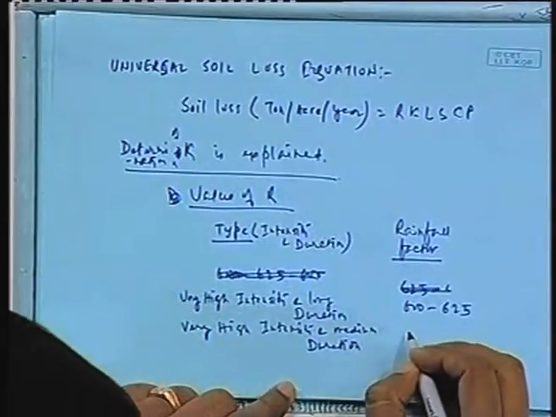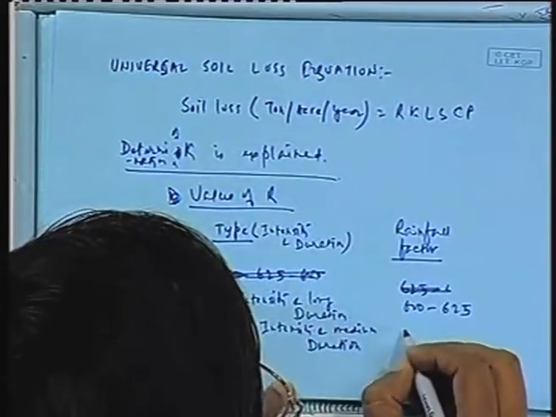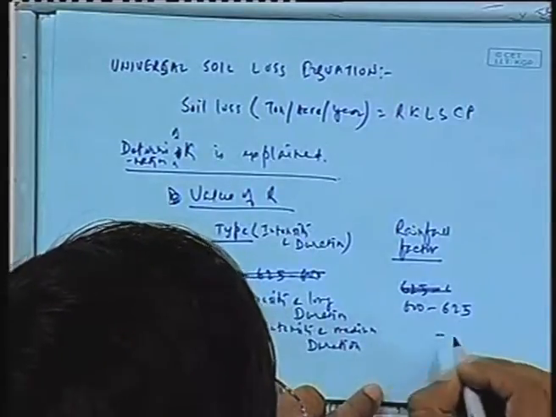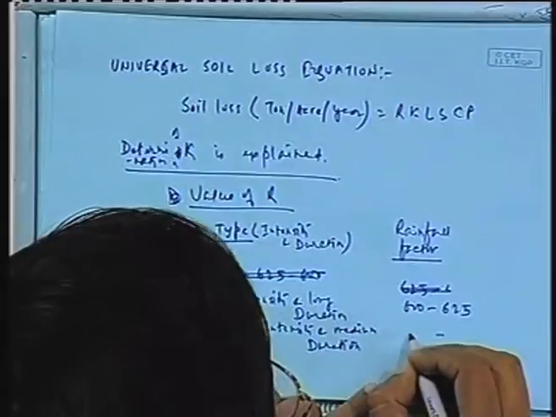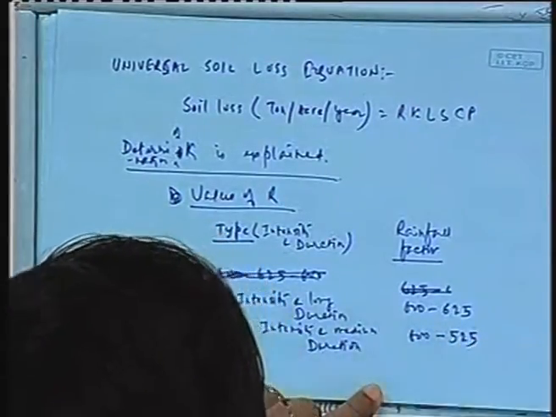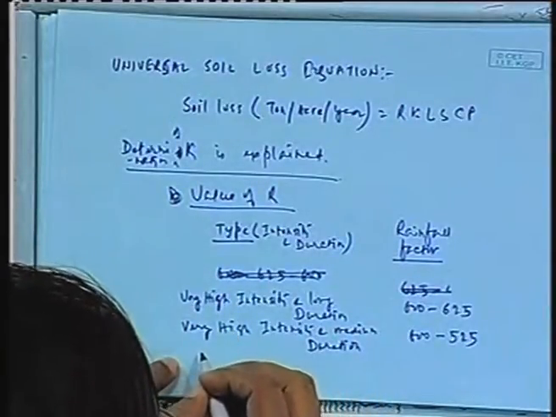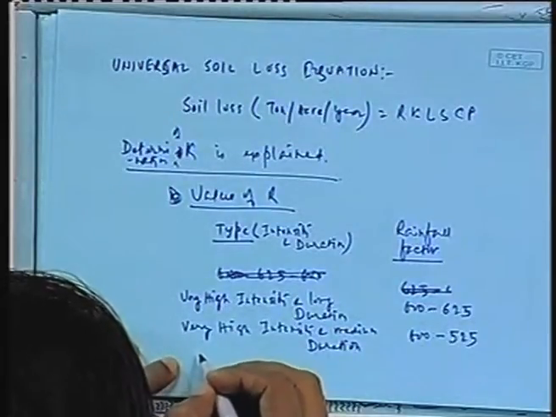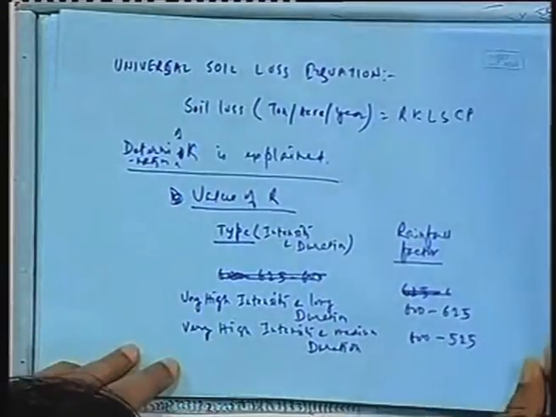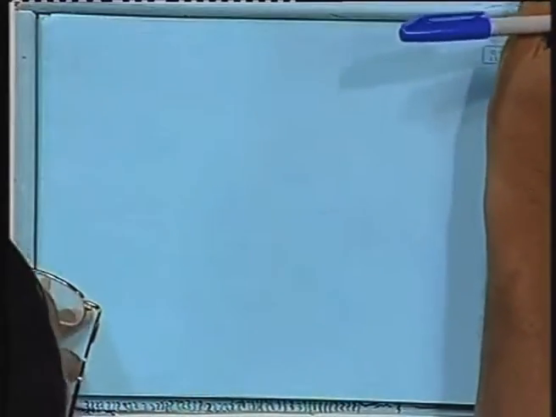The value we should be working on is between 600 and 525. Okay. Similarly, you can go on.